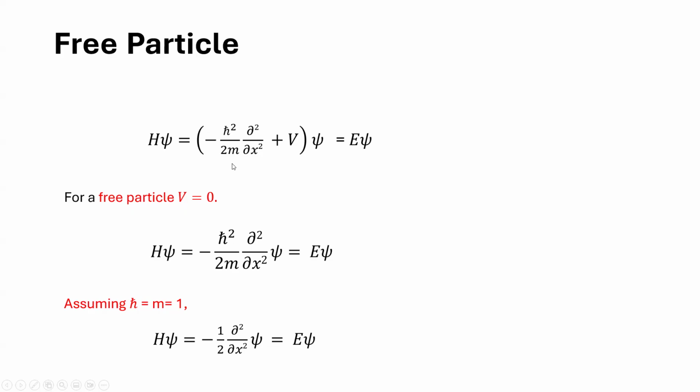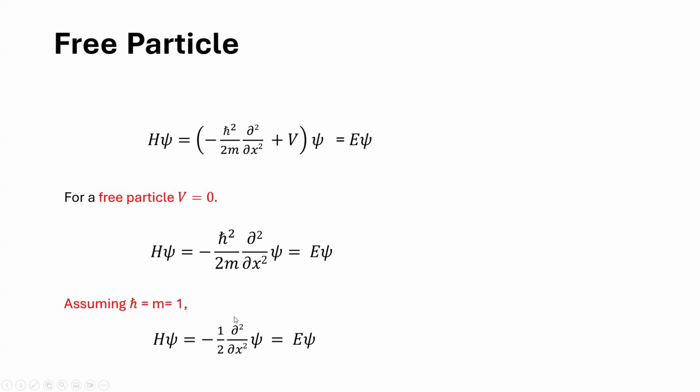And for a free particle, we know that the potential must be equal to 0. So we substitute 0 for V here. So we get the Schrodinger equation as the kinetic operator times the eigenfunction is equal to energy times the eigenfunction. And to make it simpler and more convenient, I'm assuming that h cross is equal to 1 and m is equal to 1.